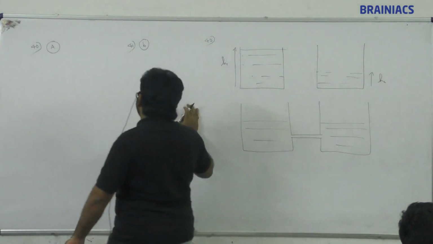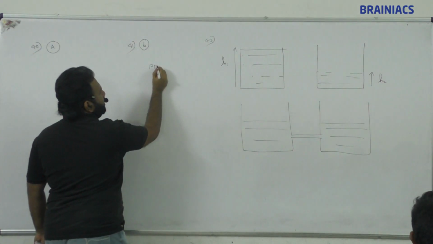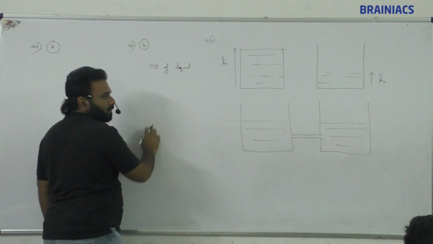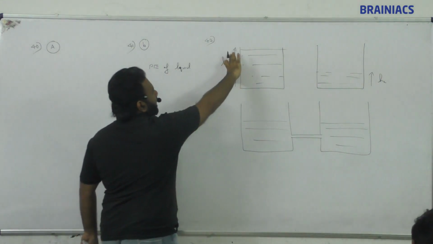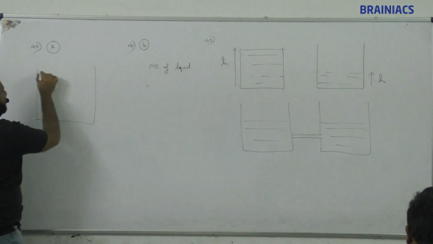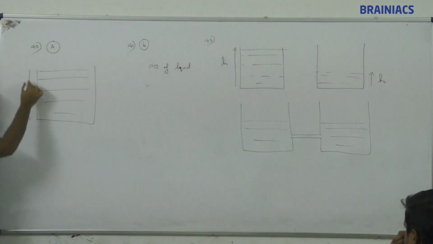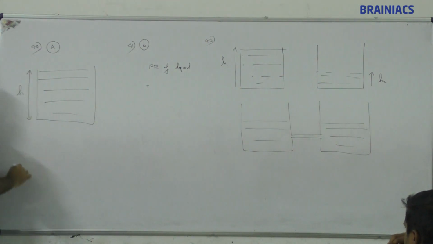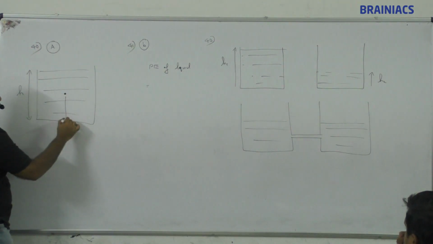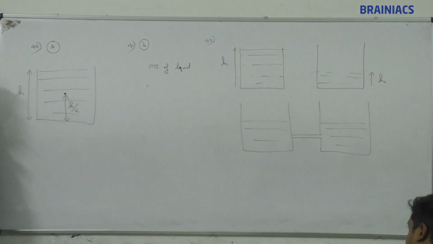See, the potential energy of a liquid column, generally, suppose the liquid's height is H. In any general column, if the height is H, then its center of mass will be at H by 2.